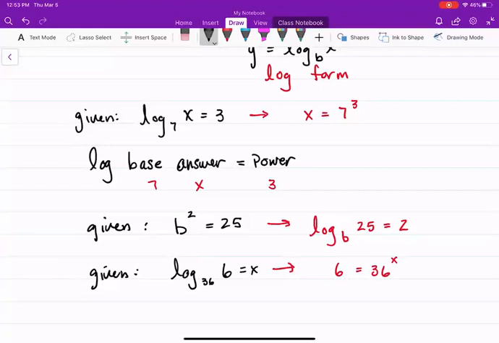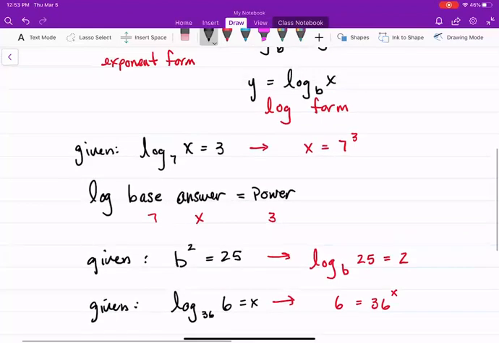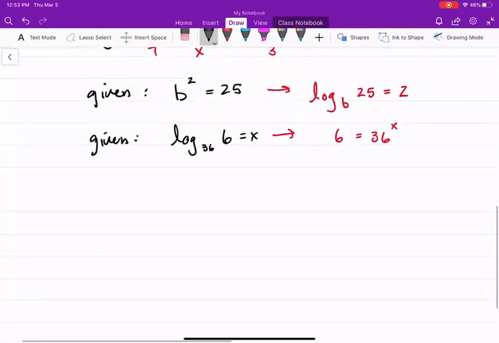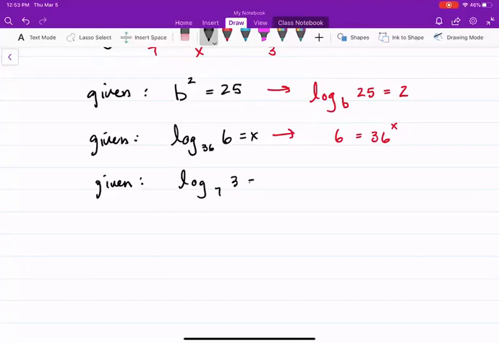Yes? Wait a minute. You're given a totally different one. Let's put it down. Let's see what it says. Given, what did you want to give it? Log base 7 of 3 equals x.